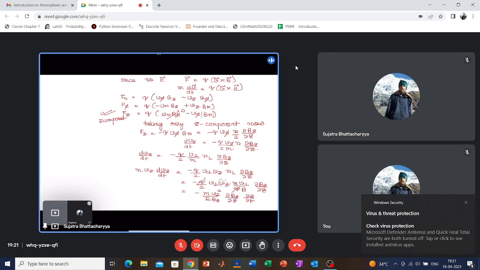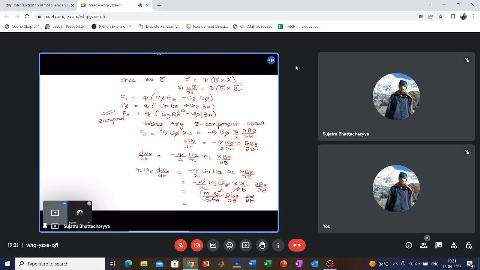Okay, so what we finally get is, see, this m by 2 V perpendicular square is nothing but the W perpendicular, that is the perpendicular kinetic energy, divided by Bz, which is there already, and delta Bz by delta T. What is this?